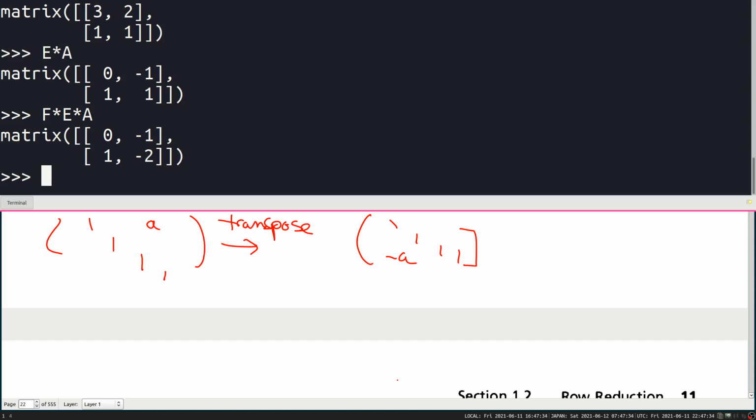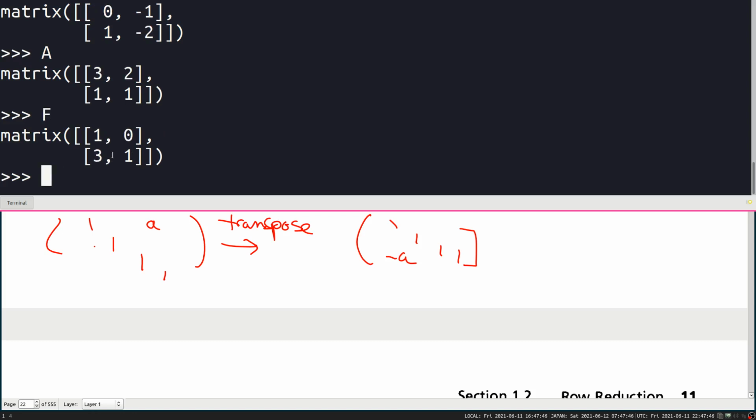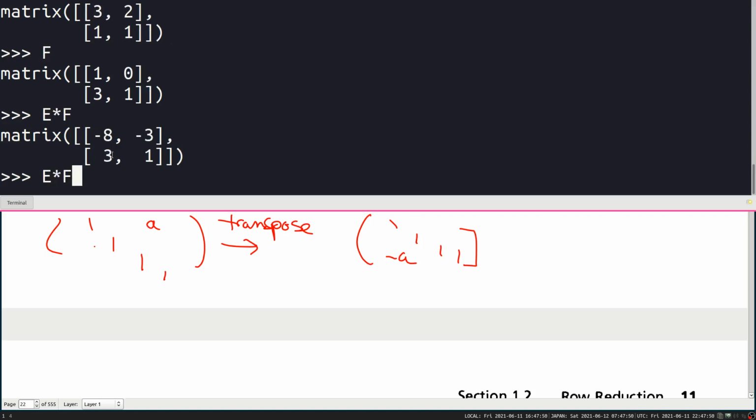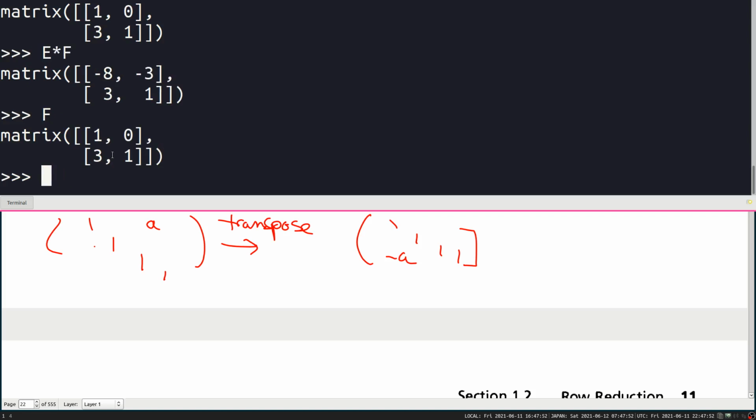Let's get A. Uh-oh, what's going on? My keyboard is spazzing out. A, F. Let's try E times F. That should be, it's not the identity matrix, so let's look at F again. Oh boy. This is why you shouldn't do live demos.